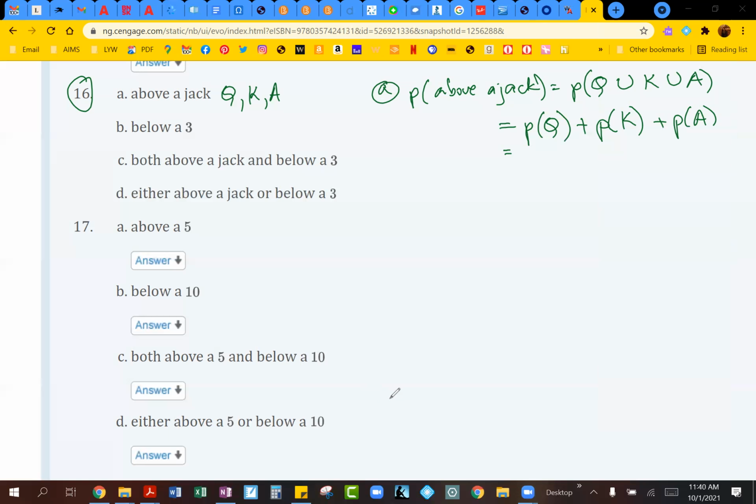And just as a general rule, if we're talking about how many cards are a queen, you're looking for the number of cards which will be a queen divided by the number of cards in your sample set. And that will give you your probability. And, of course, this will be the same for king and ace over here. And then adding them together should give you the probability. And we will leave our answers as fractions over here, guys, not as decimals or percents.